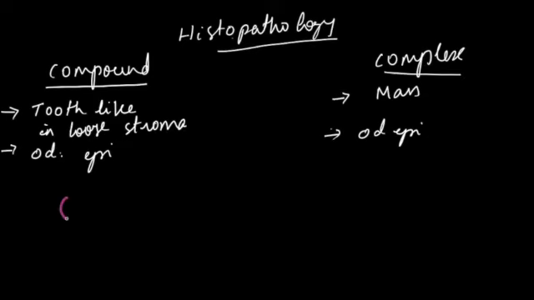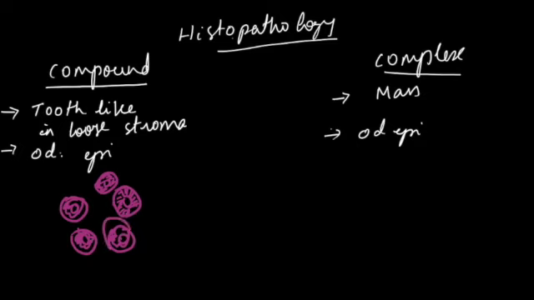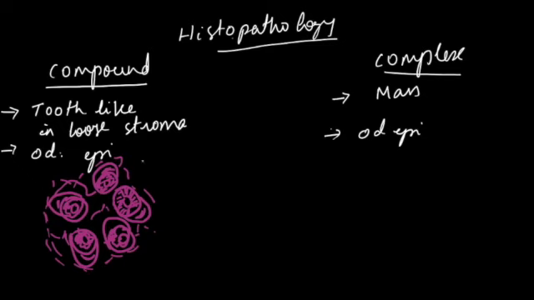These tooth-like structures, when we see them in the histopathology slide, we will see as rounded masses, all probably cross-sectioned, with the central pulp tissue and peripheral dentin, and they are capped by enamel space. This enamel is lost during decalcification, so wherever the enamel was, you will see a space, and in some of these spaces you will see some remnants of enamel matrix, and in between you will see the connective tissue stroma with fibroblasts, few blood vessels and some odontogenic epithelial cells.